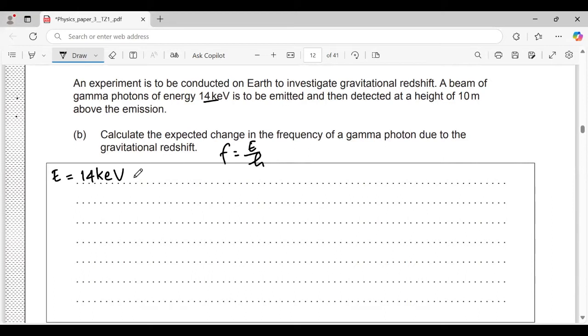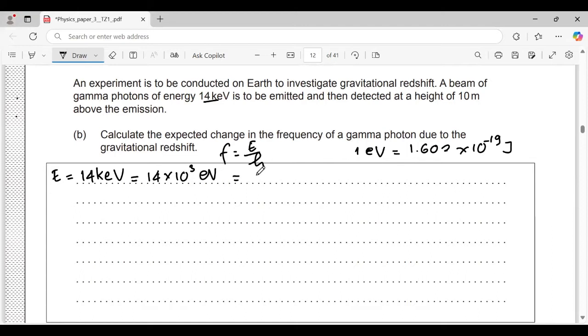So we're going to convert the electron volt into joule. 14 kiloelectron volts means 14 times 10 cubed electron volts. One electron volt equals 1.602 times 10 to the power minus 19 joule.